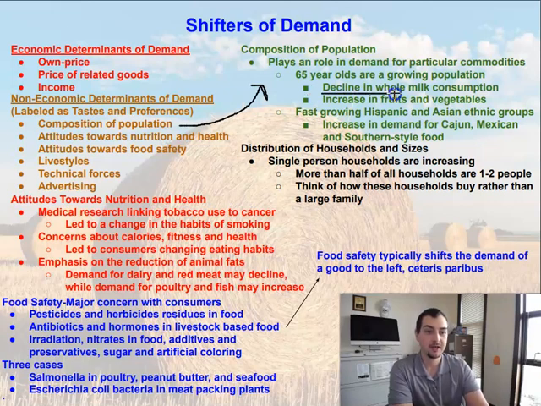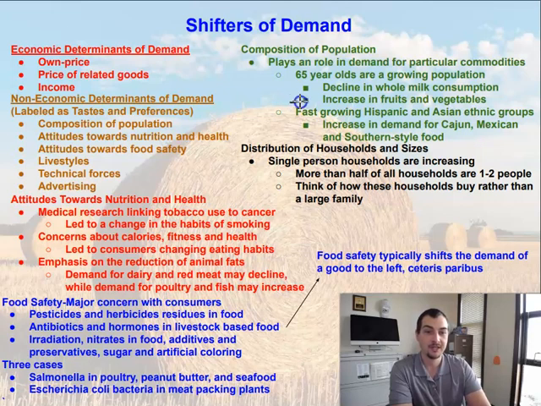We see a decline in whole milk consumption. We see that the 65-year-old, this older age group, is not drinking as much whole milk, and they might be drinking more 2% or 1% types of milk, in terms of trying to be a little healthier in terms of fat content.